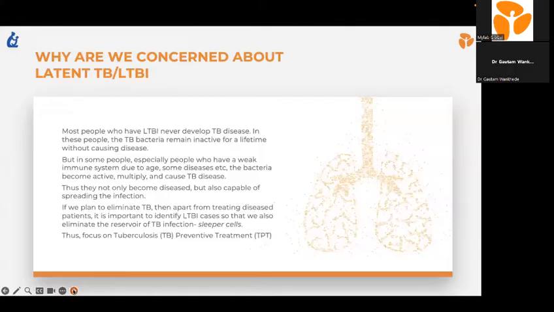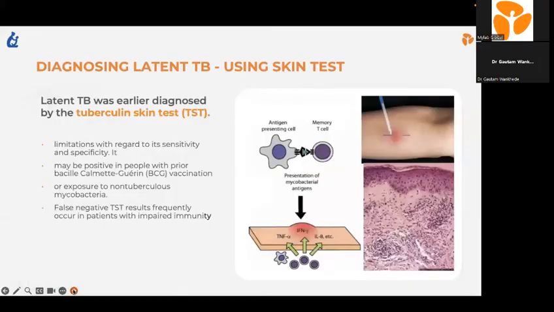So if you have to eliminate TB, it is important to identify active cases, but it is equally important to identify cases of latent tuberculosis and manage them. And that's why the focus has now shifted to something known as TPT, tuberculosis preventive therapy or treatment. So basically, what is tuberculosis preventive treatment?